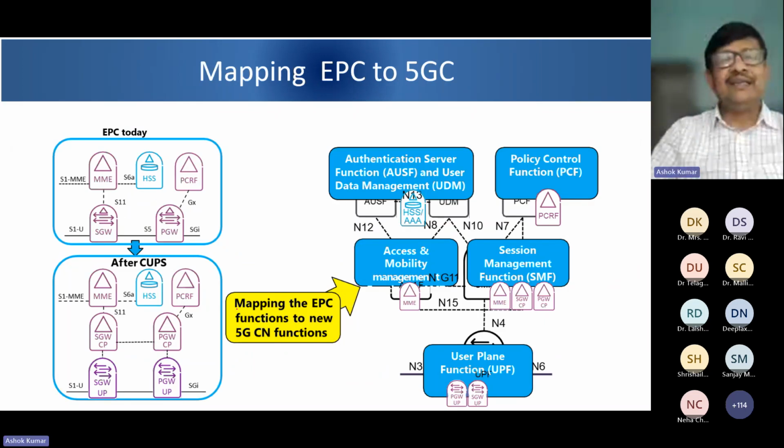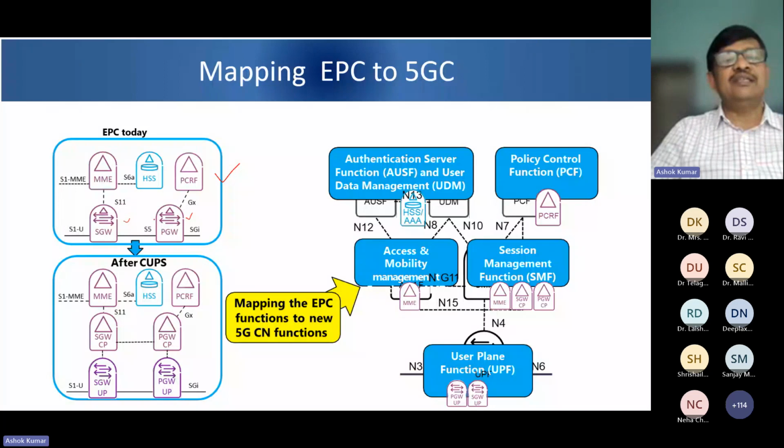Now, in slightly more detail, how 4G and 5G are mapped. What you see is that in the legacy 4G network, you have all the network functions like MME, HSS, PCRF, SGW, and PGW, connected on reference points like Gx and S6a. These are the different interfaces in a 4G network.